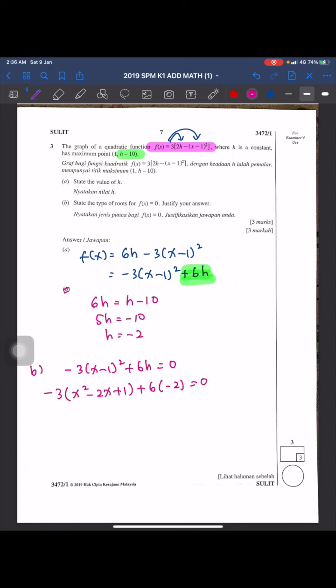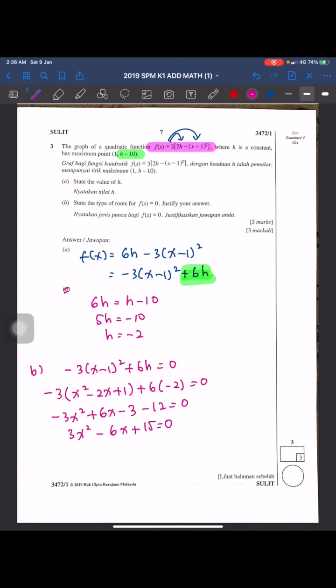Saya expand lagi sekali, so saya akan dapat negative 3x square plus 6x minus 3 minus 12 equals to 0. Okay, so kita negatifkan, saya positifkan, kita akan dapat 3x square minus 6x plus 15 equals to 0.